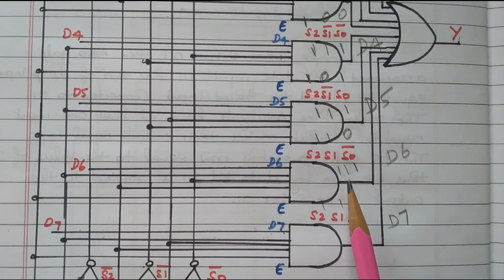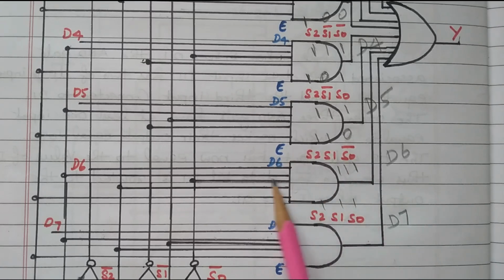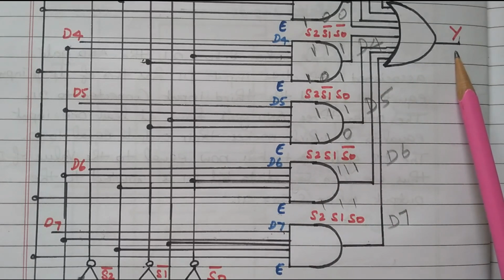Similarly for other combinations, right? Automatically it becomes 1 in such a way that the selection lines are connected, either S0 or S0 bar, S1 or S1 bar, S2 or S2 bar. See this example, S2 S1 S0 bar, here 1 1 0, this 0 automatically becomes 1 because of the complement. These outputs are summed by this OR gate and it will produce only one output, right?